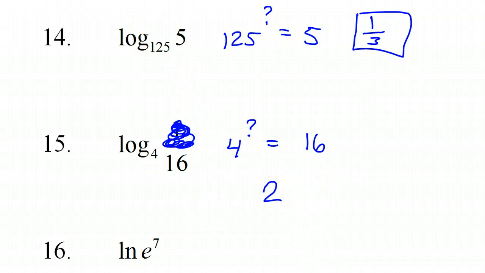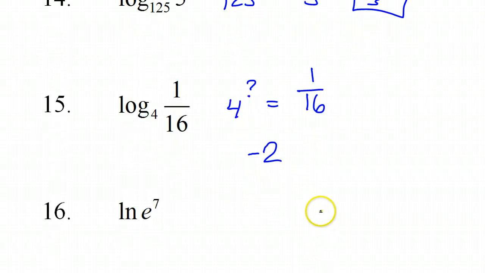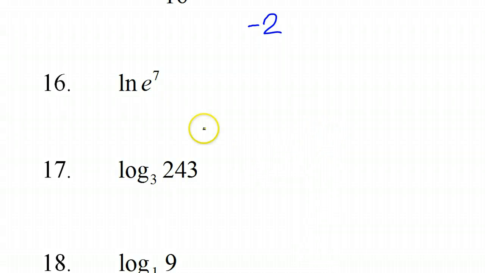But because it wasn't really just 16, it was 1 over 16, then what we really need is a negative 2, because that's what drops you down to the denominator. Okay, so there's 15. Now this one, this e is not the base. The base is invisible, but it is an invisible e.